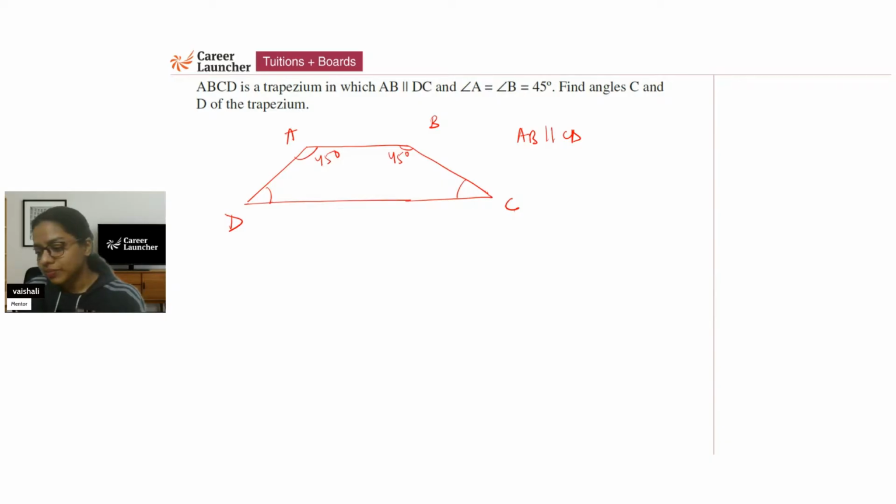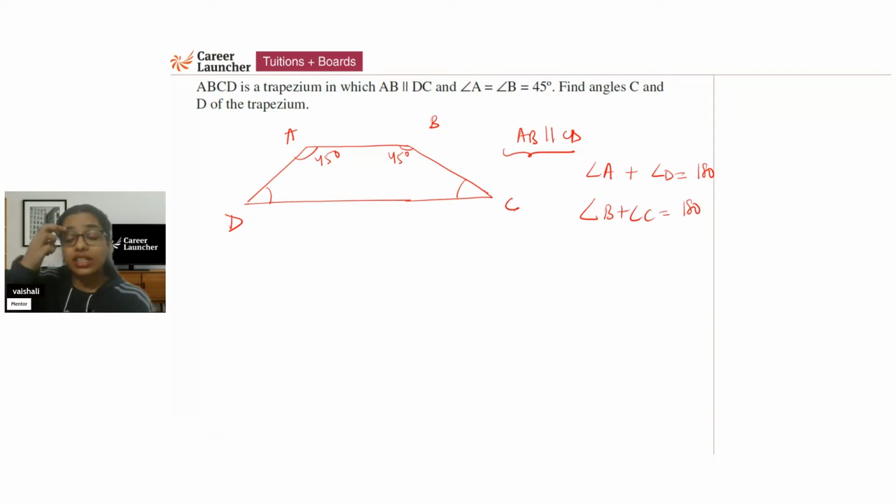Right? Now it's up to you. Generally, the moment we say that AB is parallel to CD, can I apply the concept of co-interior angles? As in, if I'm adding angle A plus angle D, the sum is going to be 180 degrees. Similarly, angle B and angle C is going to be 180 degrees.